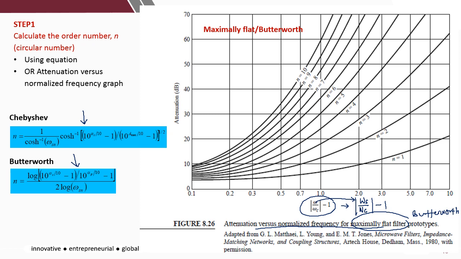Once you have the stop band frequency, you drag the line up to the attenuation, the stop band gain. For example, you get n between 3 and 4, say n equal to 3.5. To get the actual n, you need to round it up to the next higher whole number. Therefore, n equals 4.